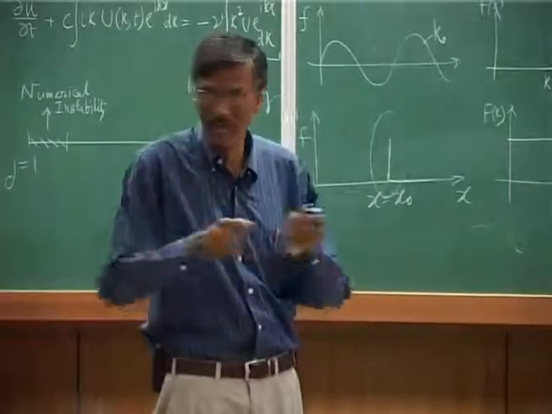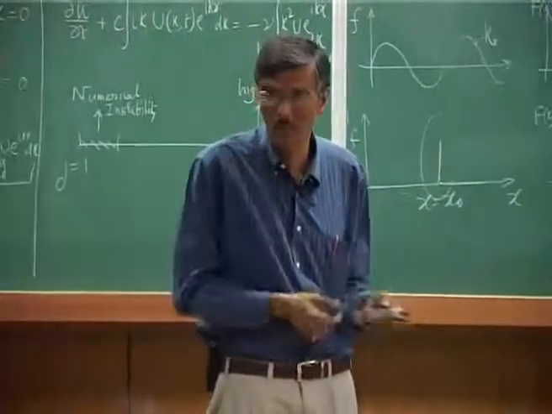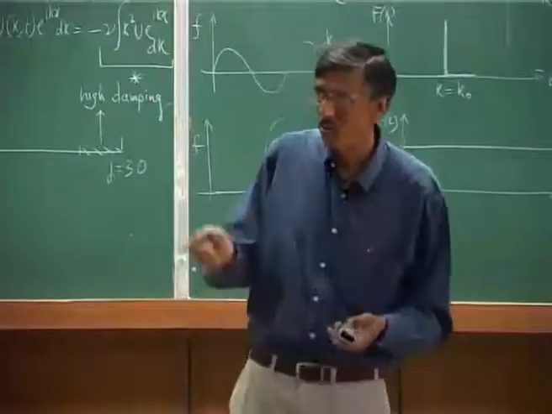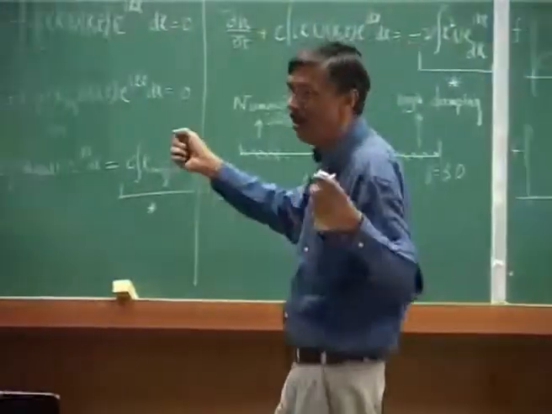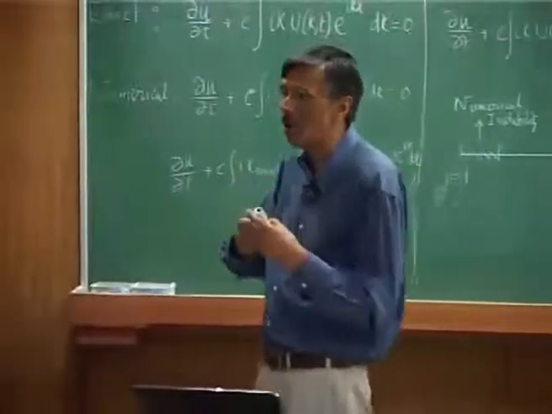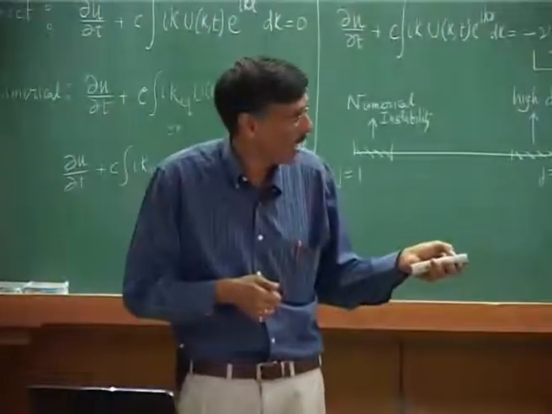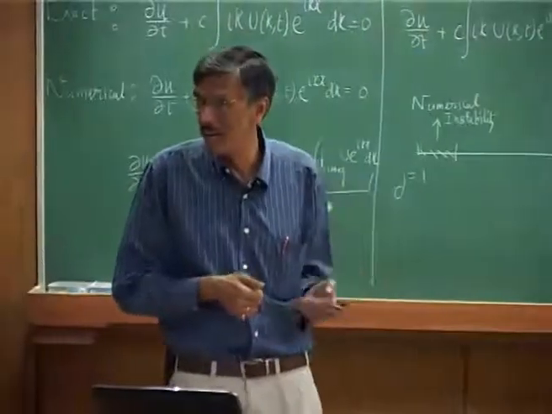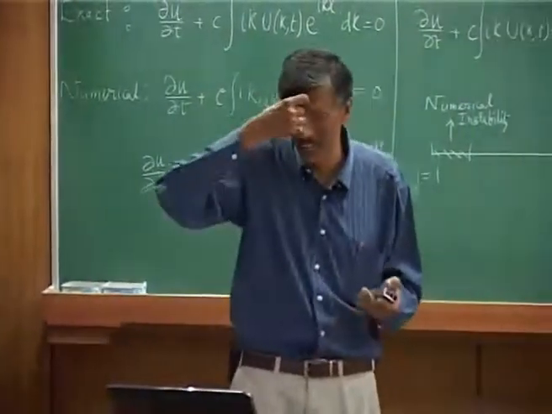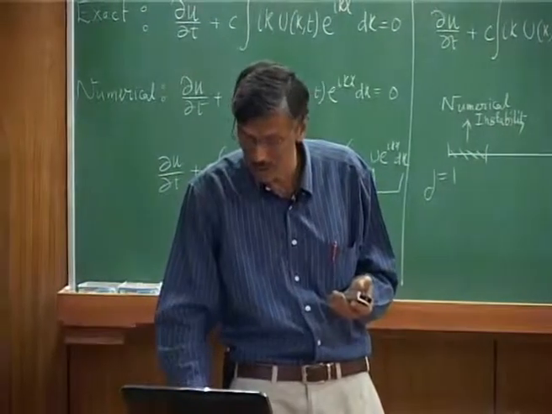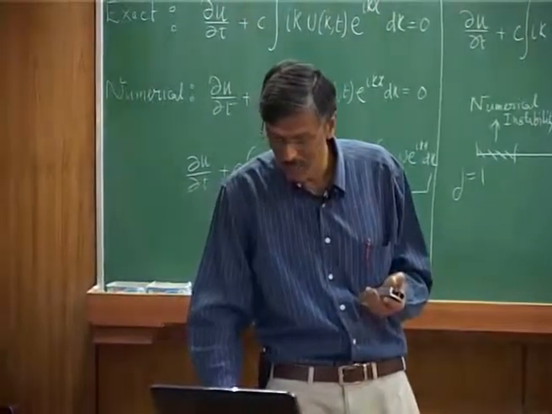The larger the number of points, the larger the error. This is a little counterintuitive, because we are given to believe that as we refine the grid more and more, the error will come down. But n comes in here as a scaling parameter, so Gj is directly proportional to n. As n increases, the error also increases.